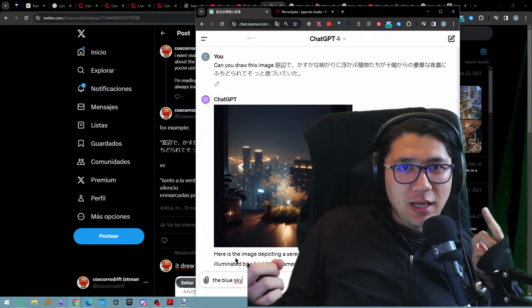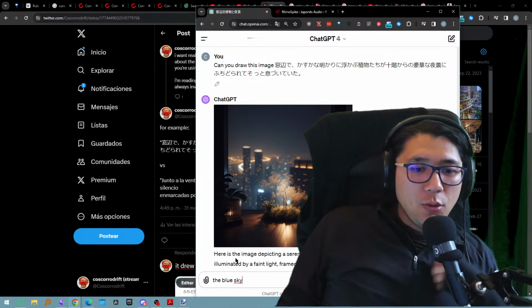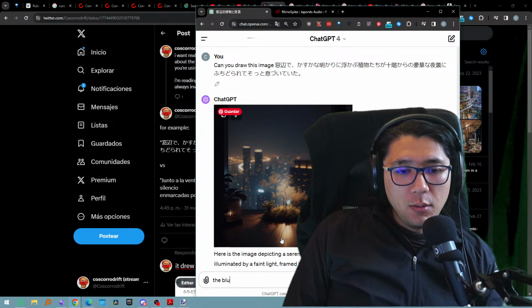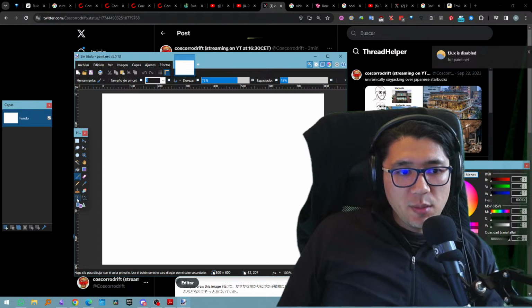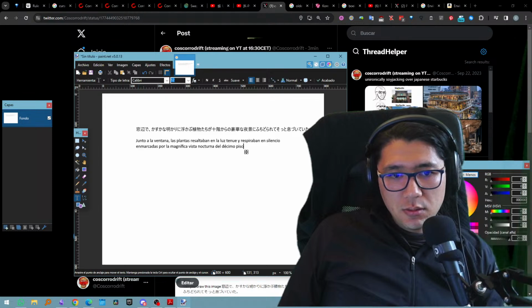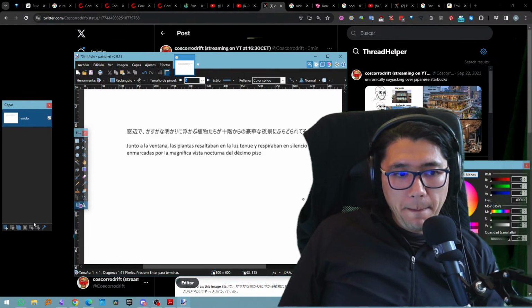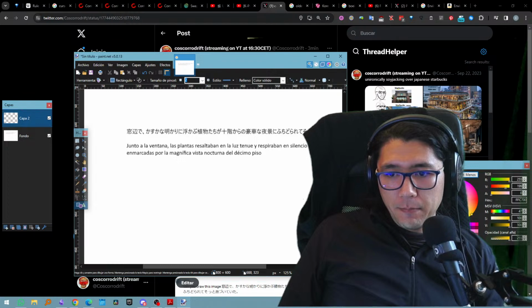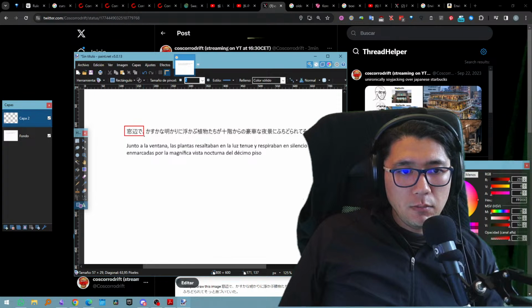And then imagine the reason you want to do that is to compare between languages, right? Maybe when you start doing, for example, here, this is what I want to compare, right? For example, Japanese, then Spanish. So this is by the window in Japanese. Let's see. By the window.